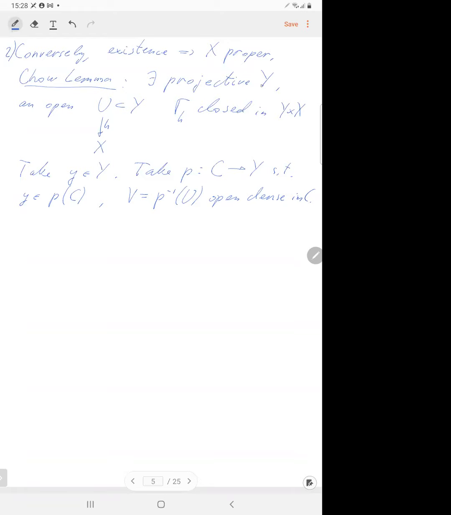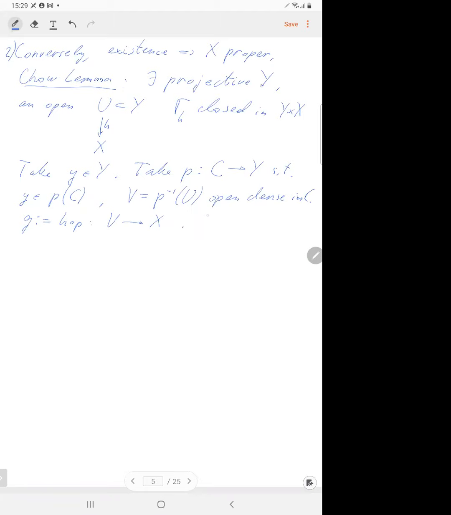Okay, and we consider the composition from this open set in the curve C into X, and then let's take its extension.